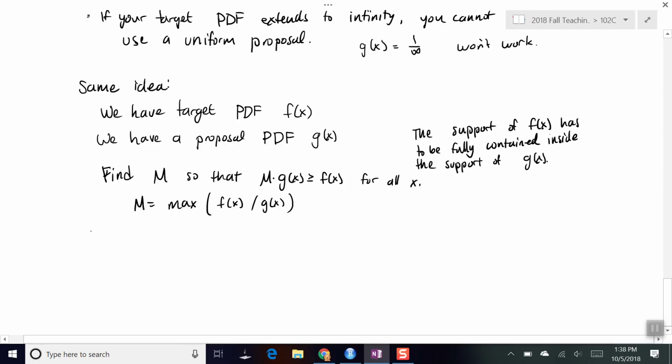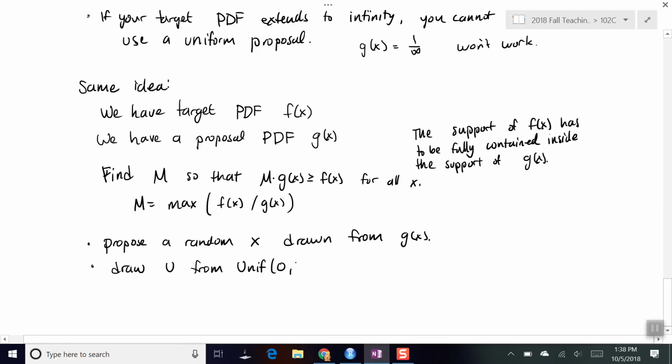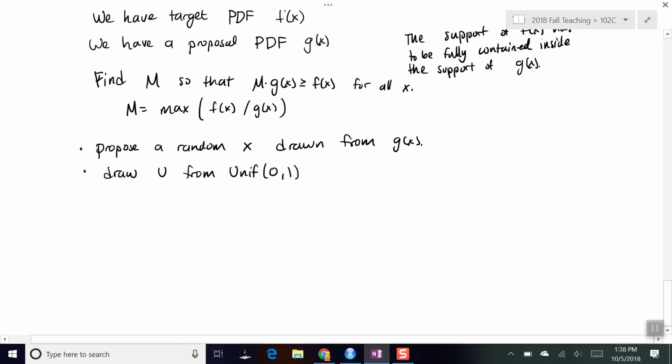Okay, and then the process will be: propose a random x drawn from g of x, draw u from uniform 0, 1, and then accept the proposed x if u is less than or equal to f of x over m times g of x.